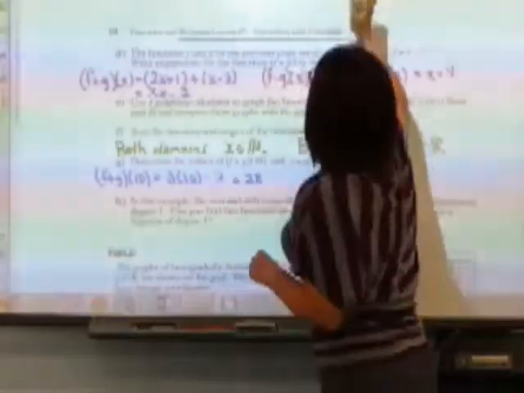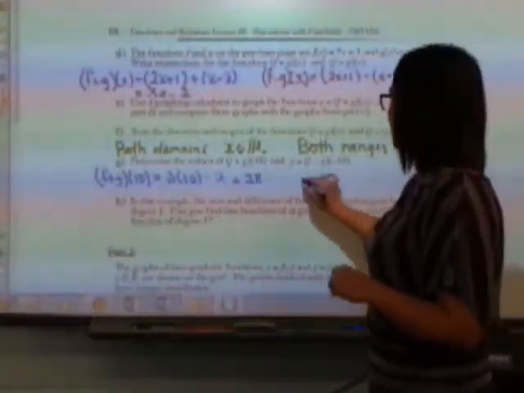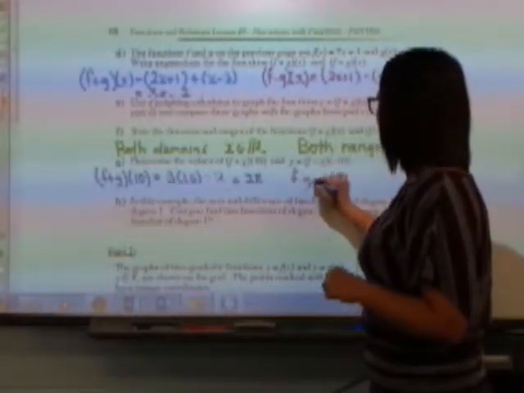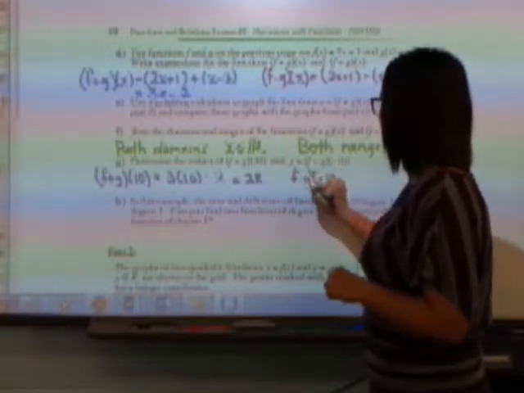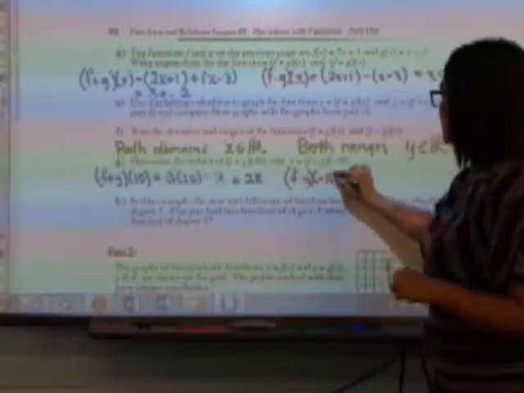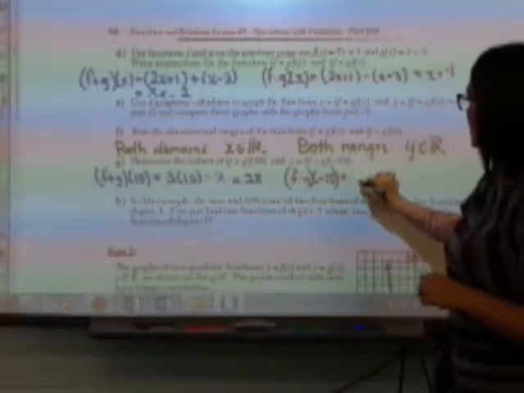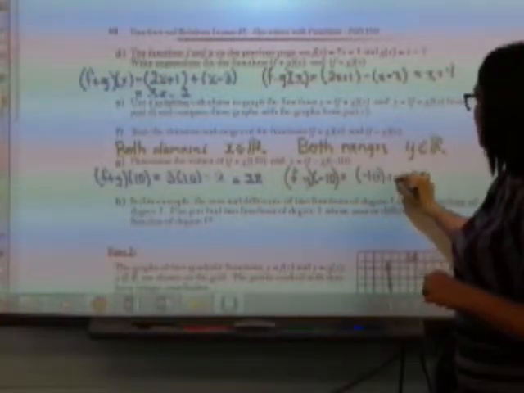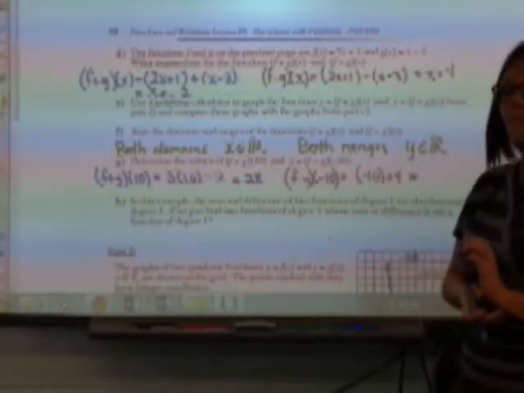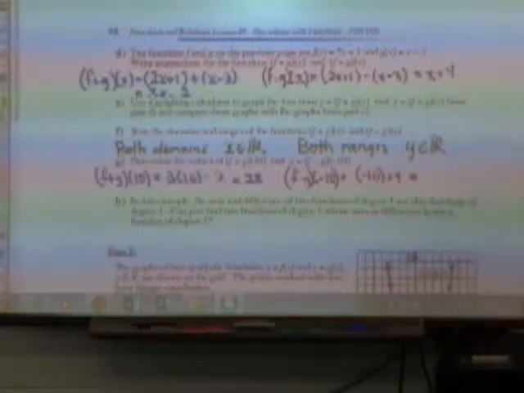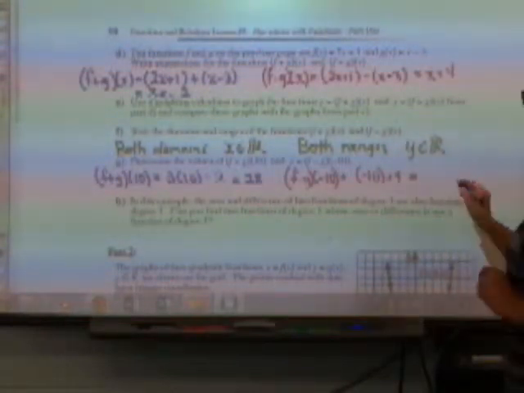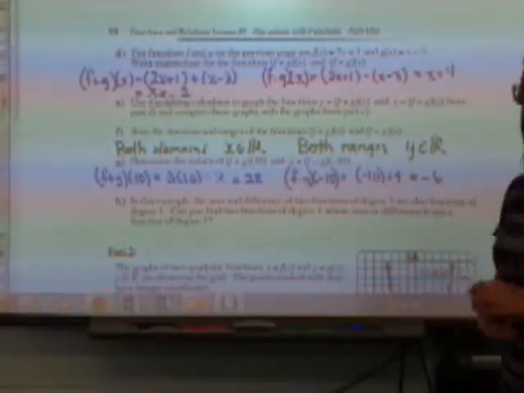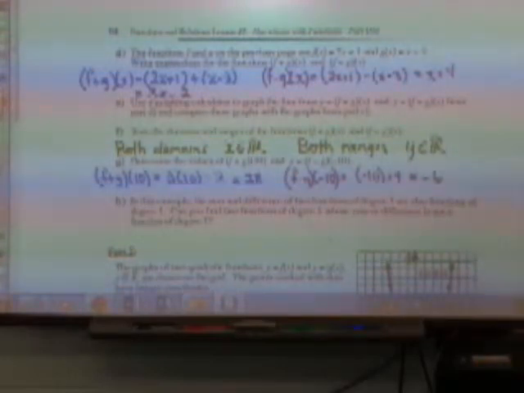If I look at f minus g of -10, I would get -10 plus 4, which is -6. And again, if I extended that graph to -10, the y value would be at -6.